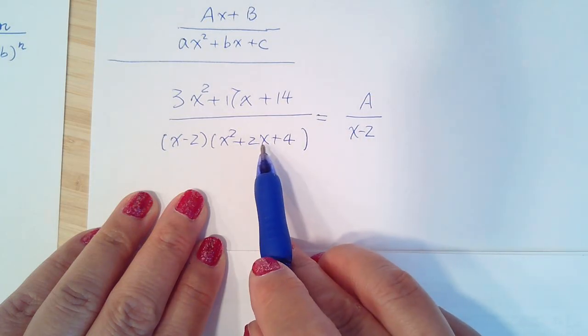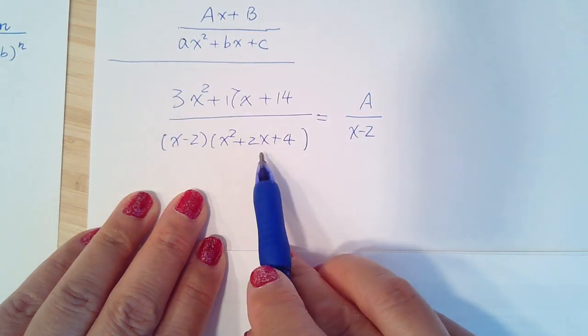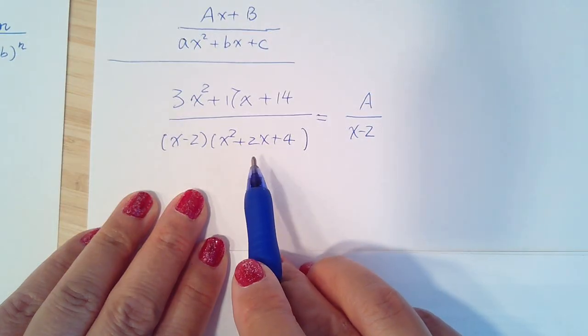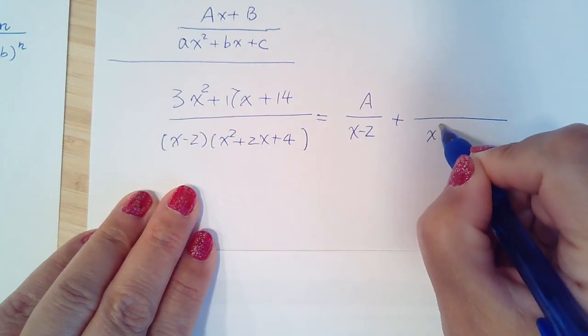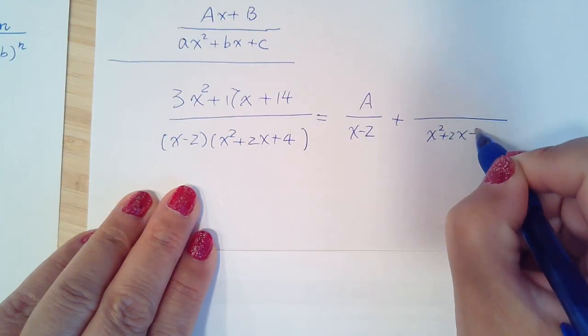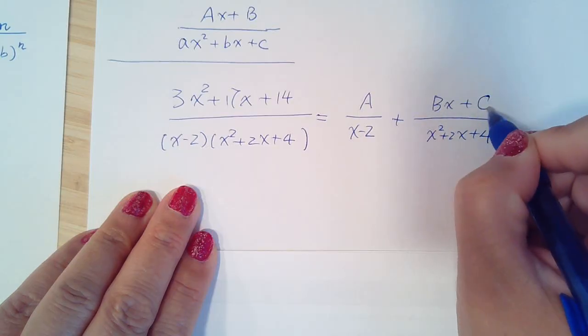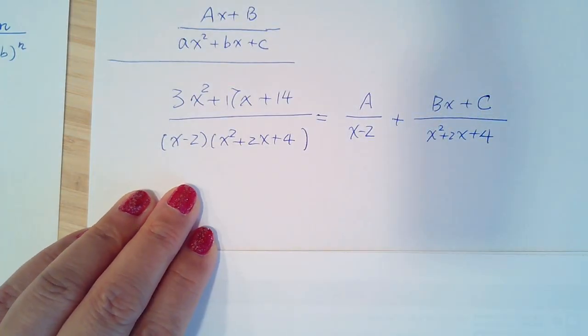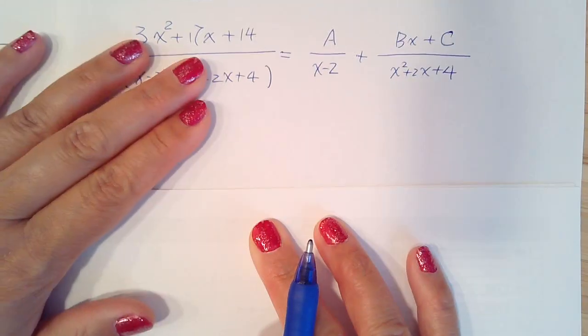In this case, it's not a complete square or cube, and we also cannot factor this. That means I keep this denominator here, but the top I have a linear term. That's what the rule says. And then of course my next job is to find B and C.